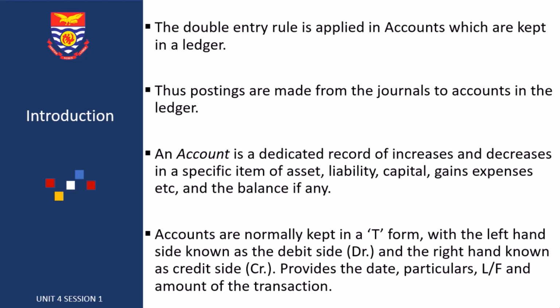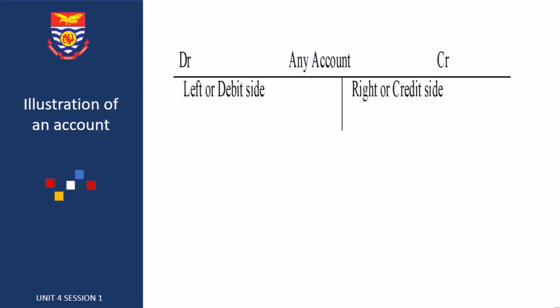The account provides the date, particulars, ledger folio, and the amount involved in the transaction. So this is an illustration of an account. The left-hand side is known as the debit, the name of the account, and the right-hand side is known as the credit.